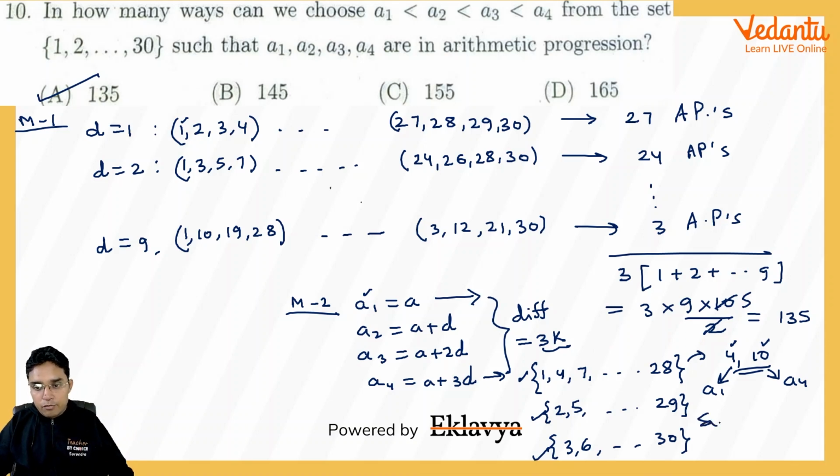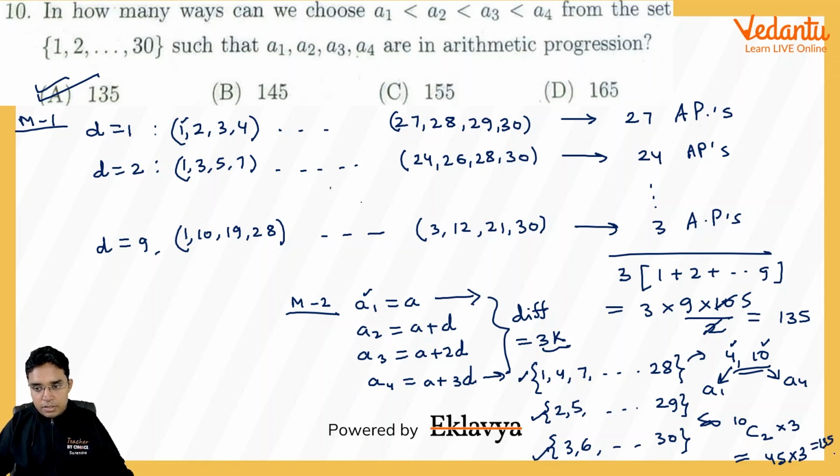So the number of ways would be that we have to select only two numbers from either this or this or this. So this will be multiplied by 3, and you can check 10 C2 is 45, into 3. If we do, we get the same 135 as the answer.